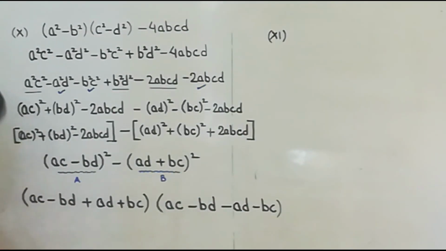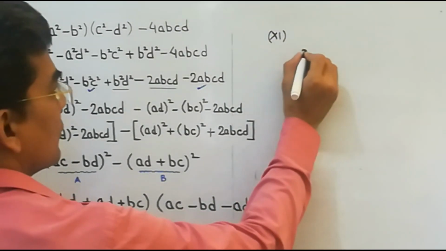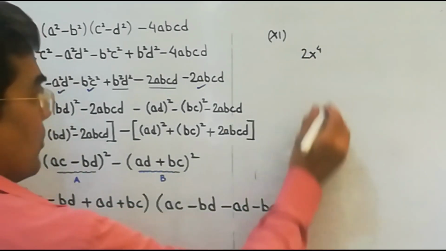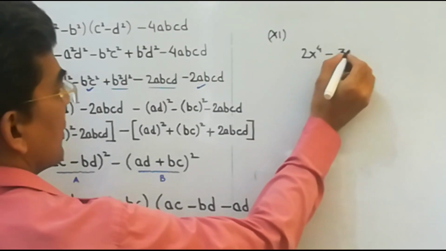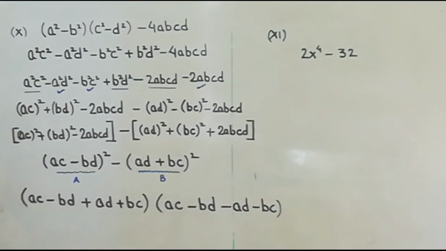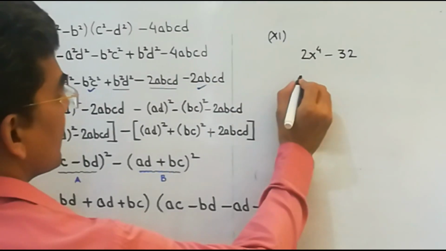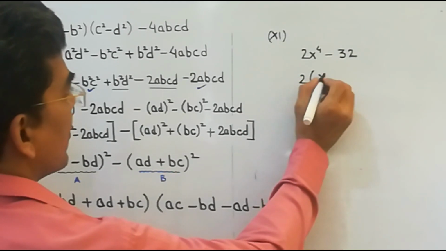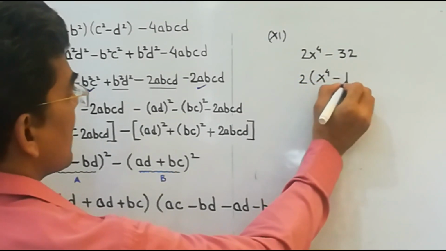And in this question we have 2x to the power of 4 minus 32. This is the question. Now in this question you can see we have two terms, but in the first step 2 can be taken common. So let us take 2 common from here. So we will be left with x to the power of 4 minus 16.